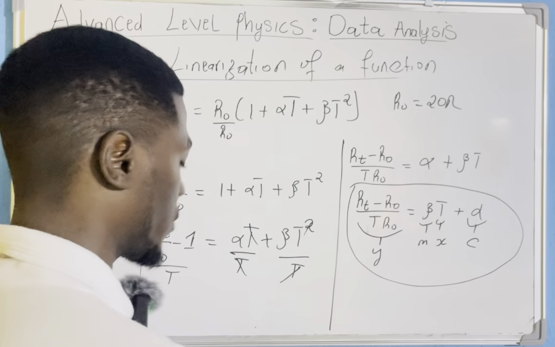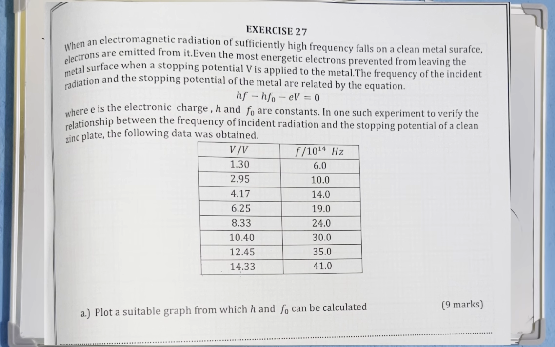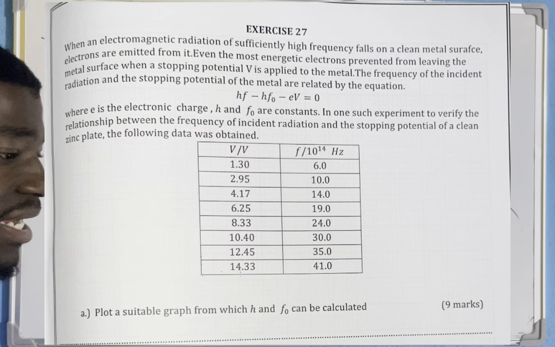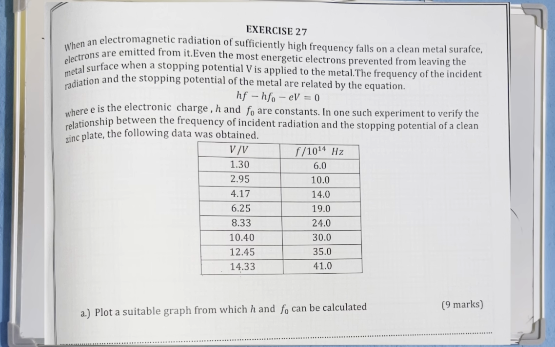Okay, next question. The next question we are having: when an electromagnetic radiation of sufficiently high frequency falls on a clean metal surface, electrons are emitted from it. Even the most energetic electrons are prevented from leaving the metal surface when a stopping potential V is applied to the metal.